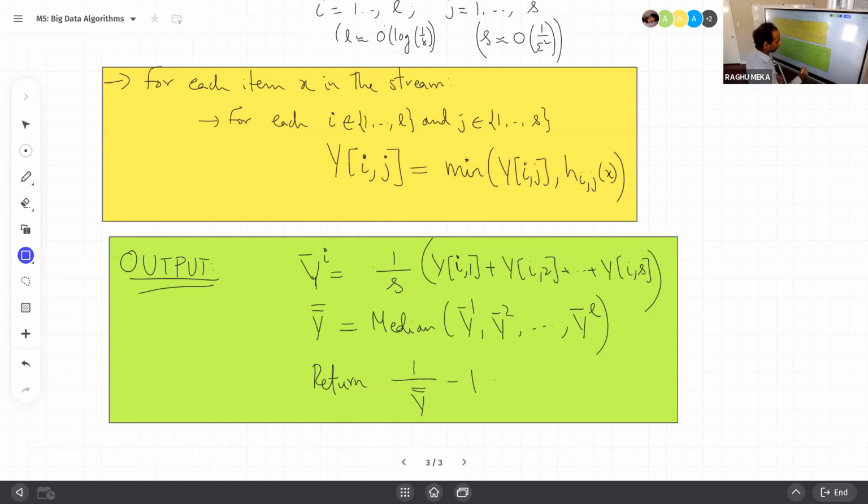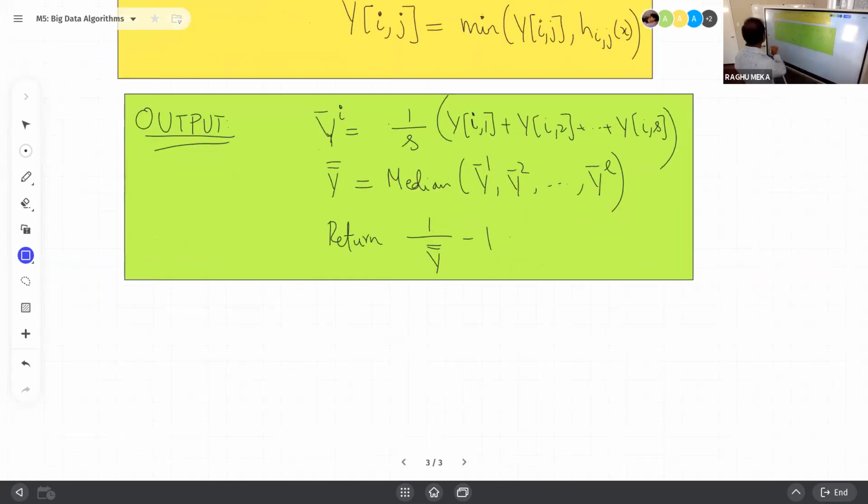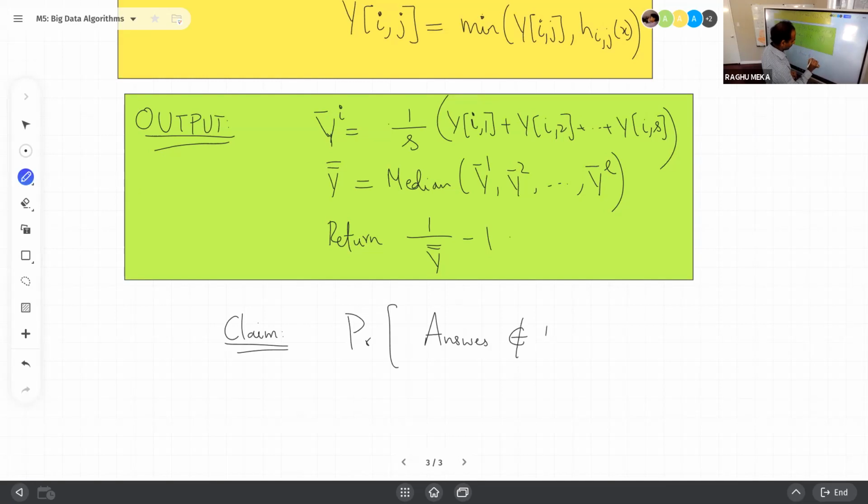Okay, and if I call this guy the estimator, so if you wanted something which is good within 1%, that is epsilon is 0.01, then set epsilon to be 0.01, and then reliability is delta, then I would set L to be log 1 over delta.